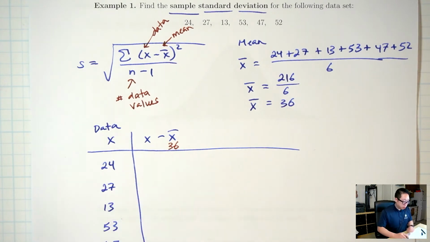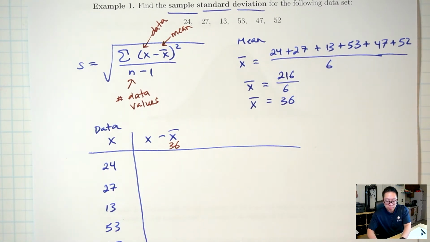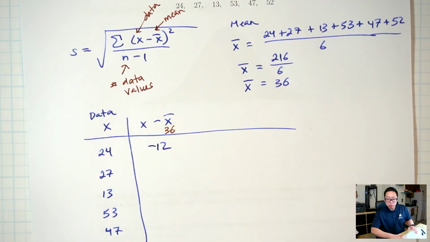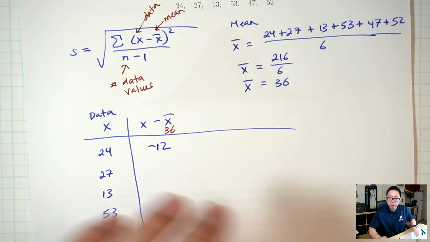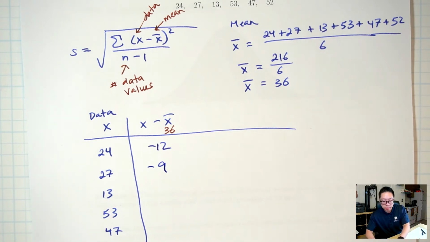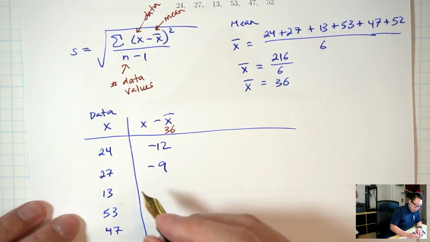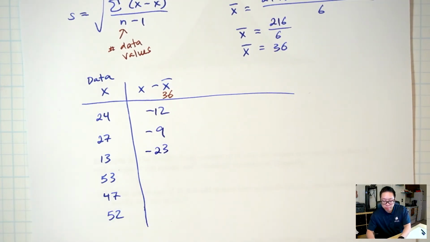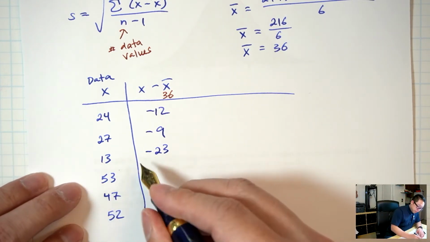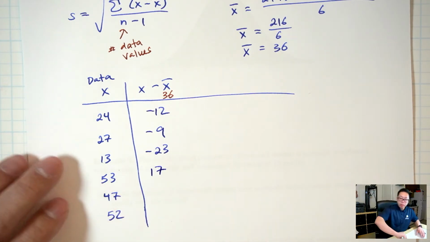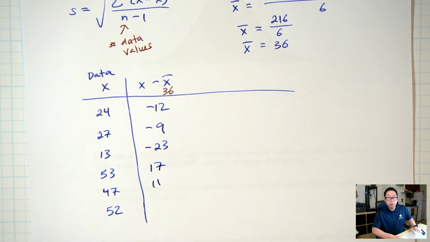So 24 minus 36, negative 12. 27 minus 36, negative 9. 13 minus 36, negative 23. 53 minus 36, 17. 47 minus 36, 11. 52 minus 36, 16.